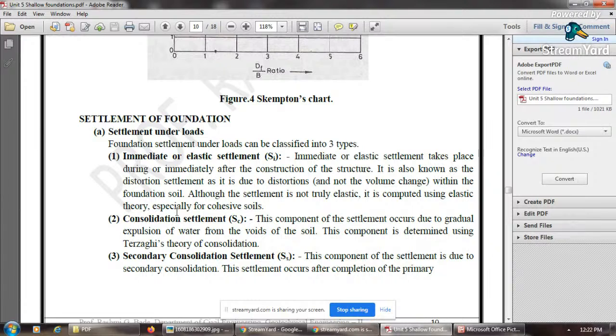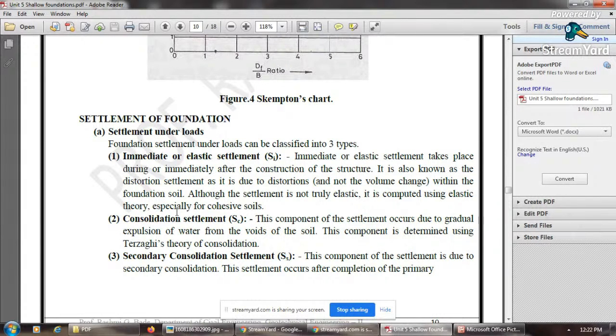It is also known as the distortion settlement, as it is due to distortions and not the volume change within the foundation soil. Although the settlement is not truly elastic, it is computed using elastic theory, especially for cohesive soils.